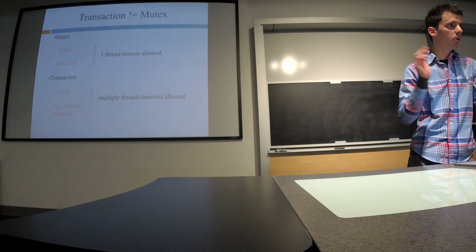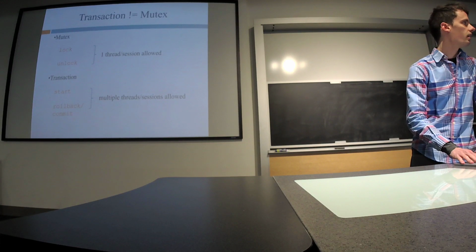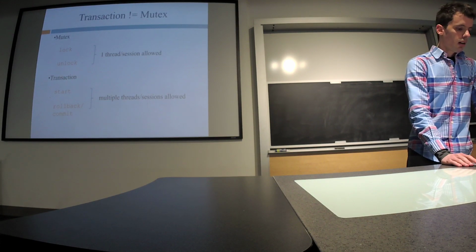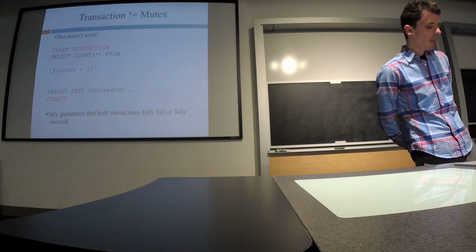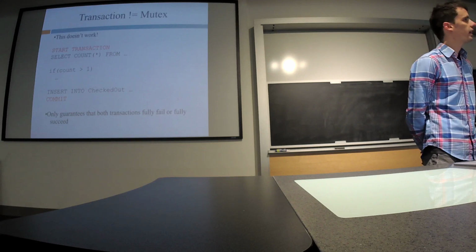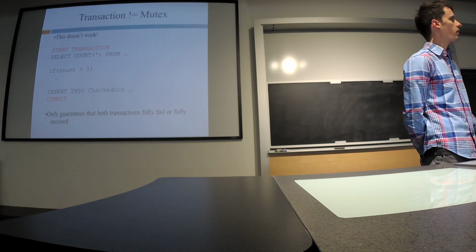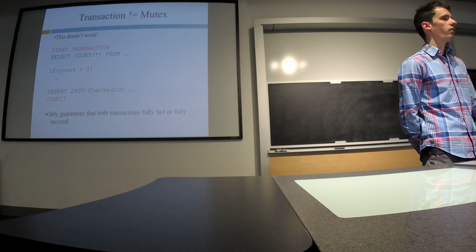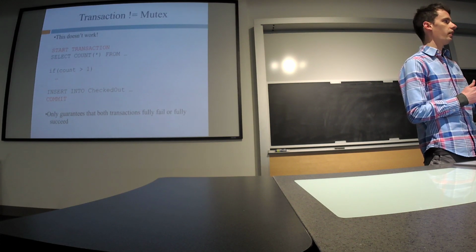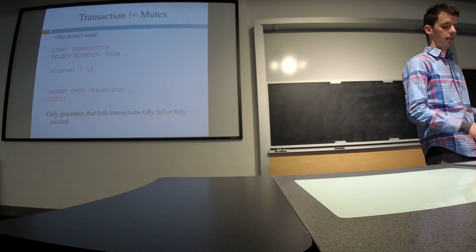You can have any number of transactions running at the same time, as long as they don't interfere with each other. So a transaction only guarantees, it's not saying anything about mutual exclusion. It's saying something about success or failure. It's saying everything inside of the transaction block will either totally fail or totally succeed.